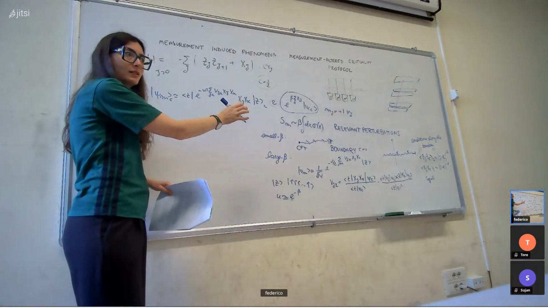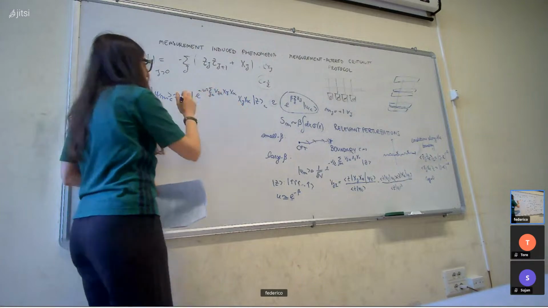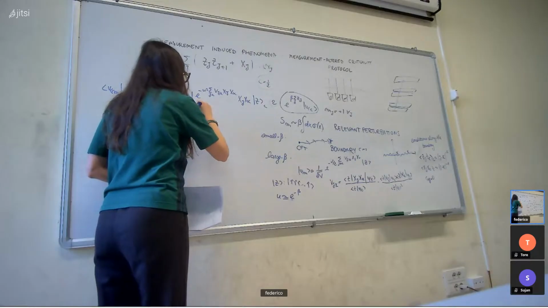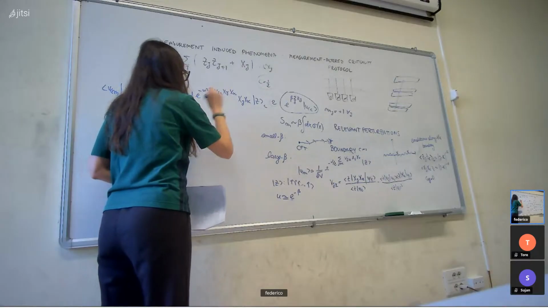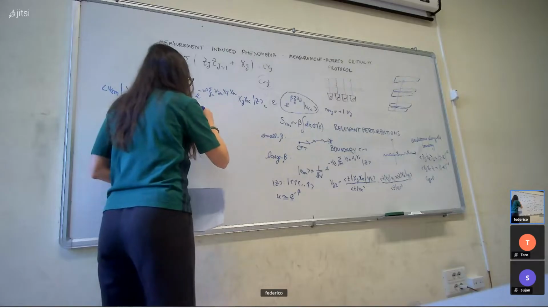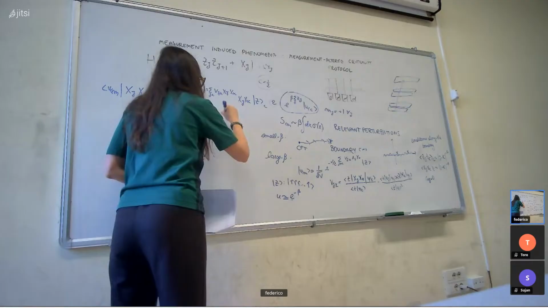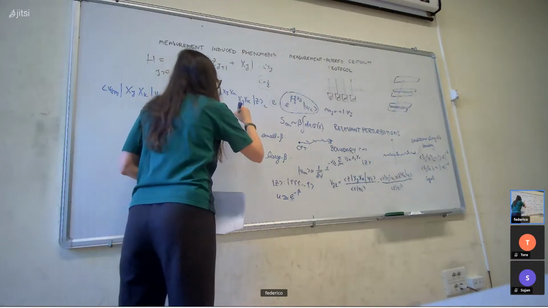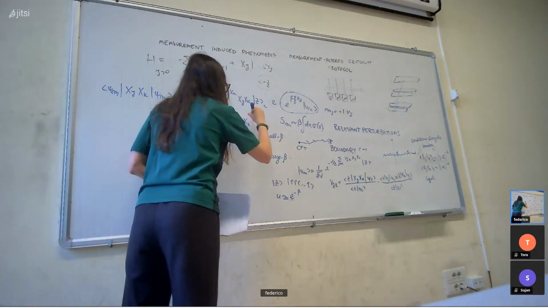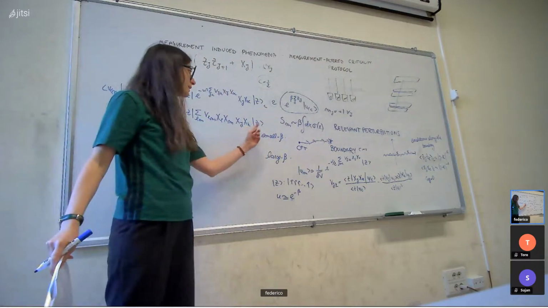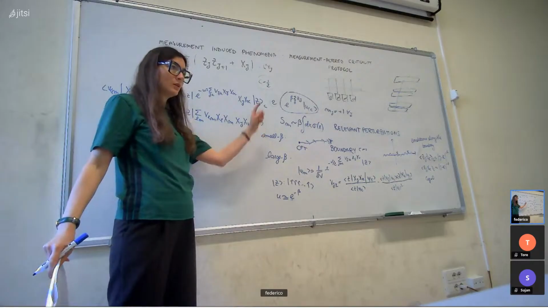Is it clear? If you find this object, now we get, let me put it differently, somewhere XL, XM, XJ, XK, Z. I mean, these X operators here, they flip one spin.